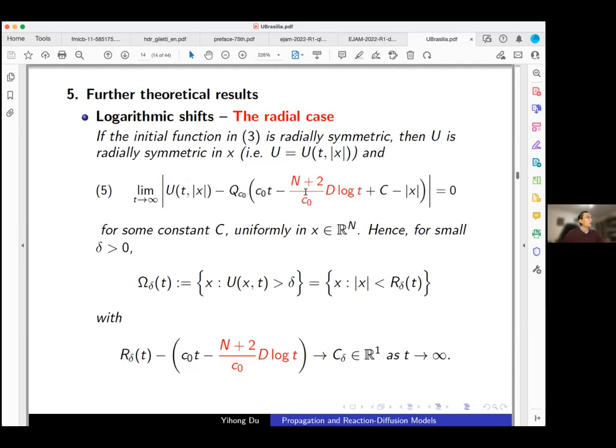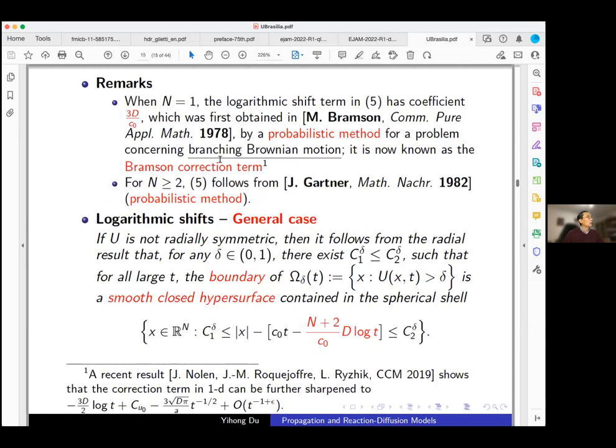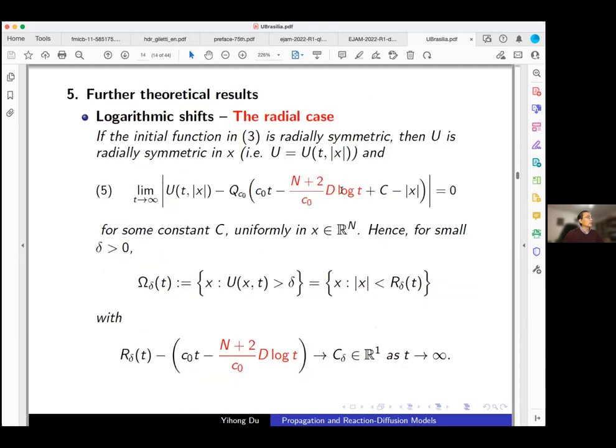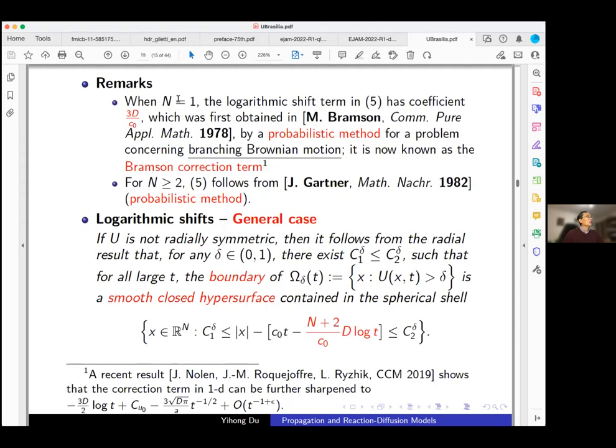Now, this is for the rigidly symmetric case, and that also gives you a good estimate for the non-rigidly symmetric case. So for this sharp estimate with logarithmic shift, this is called a logarithmic shift. In dimension 1, that was first proved by Bramson, another University of Minnesota mathematician.